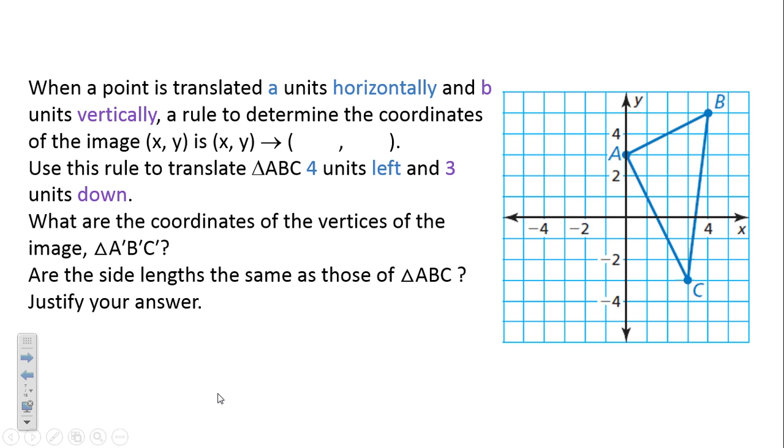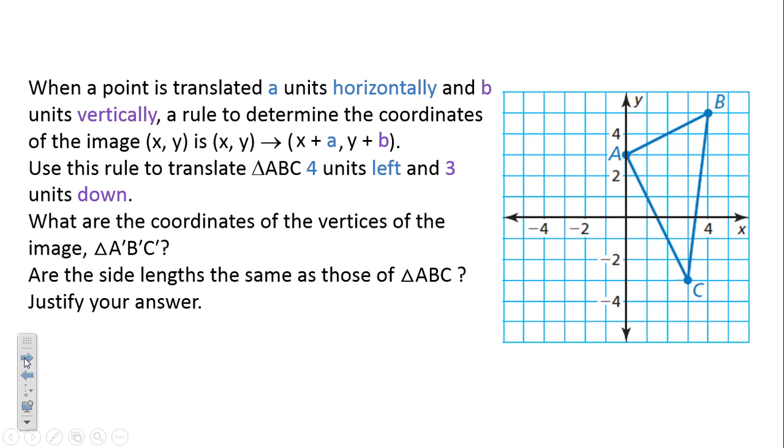Not A plus B. A and B. X and Y are moving from (X, Y) to... moving A units horizontally. Which one's horizontal? X. So we're moving X plus A and Y plus B.